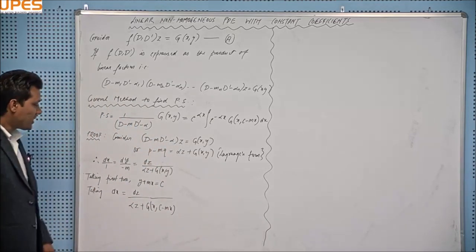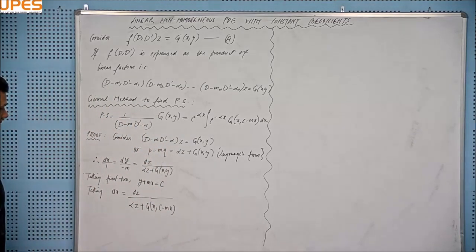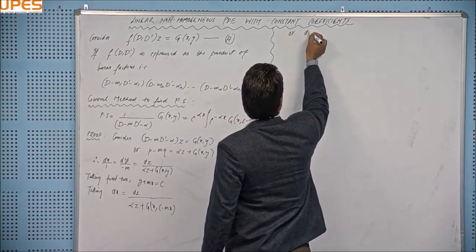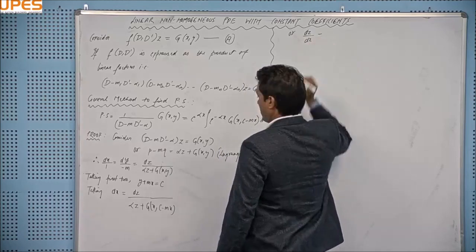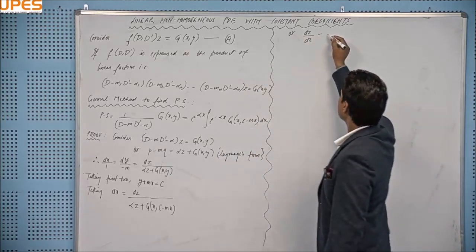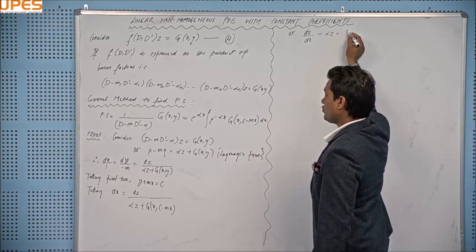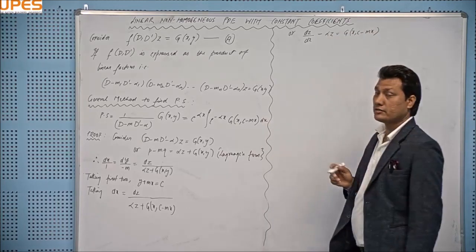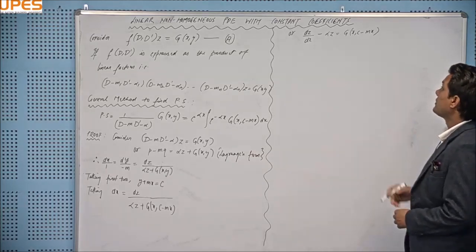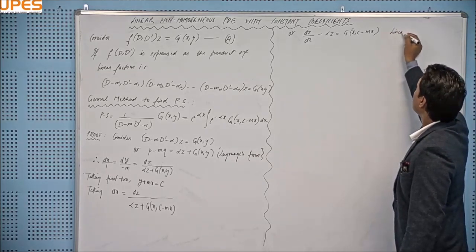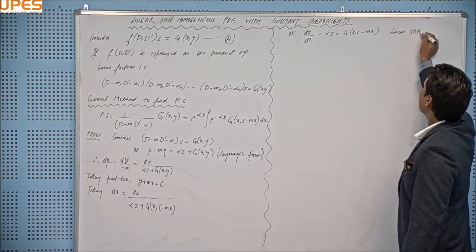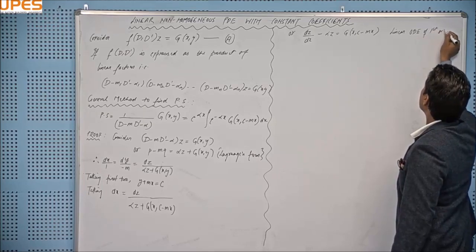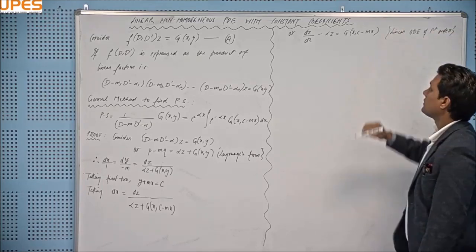Now cross multiplying, I get dz/dx - αz = g(x, c - mx). You are familiar with this equation. This is a linear ODE of first order and first degree, and you know how to solve it.